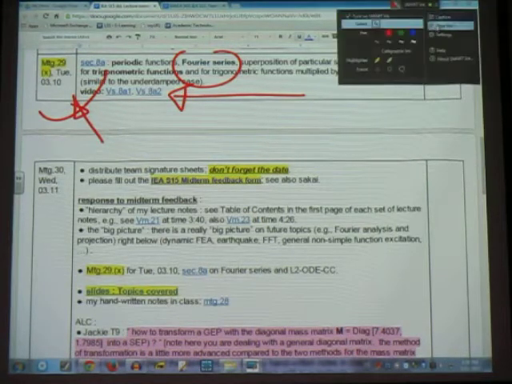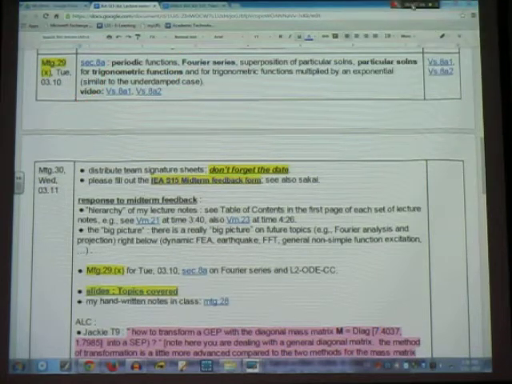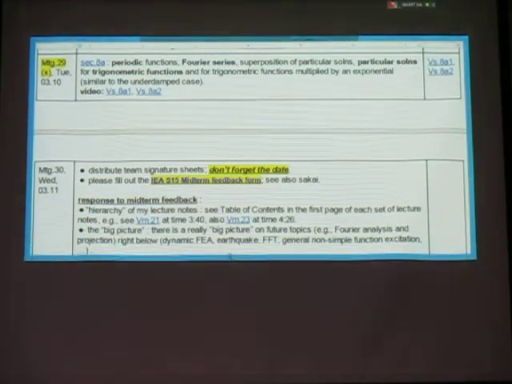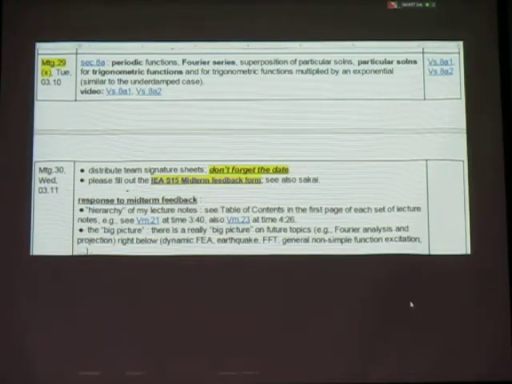Please fill out the midterm feedback form, because I would like to address any issues as soon as possible. As you can see here, I already started to do something.